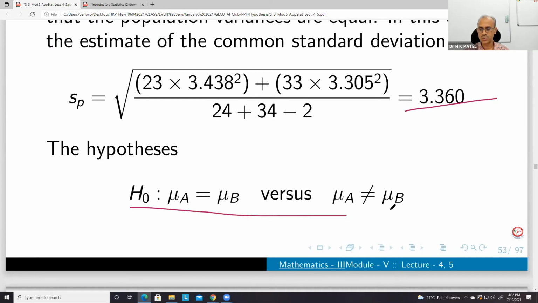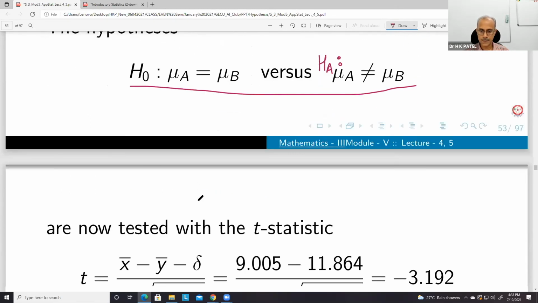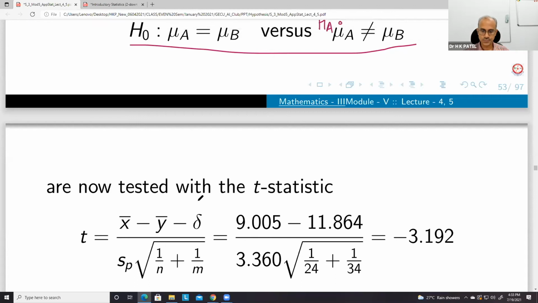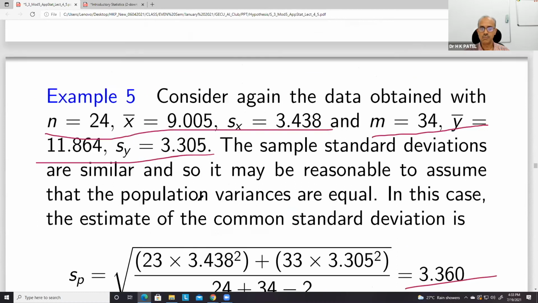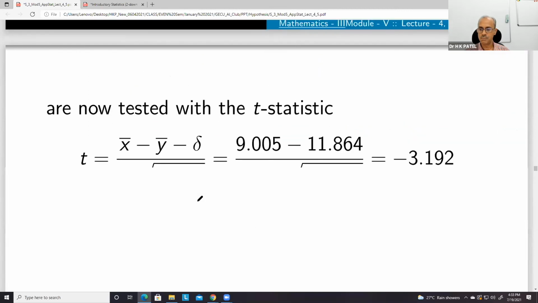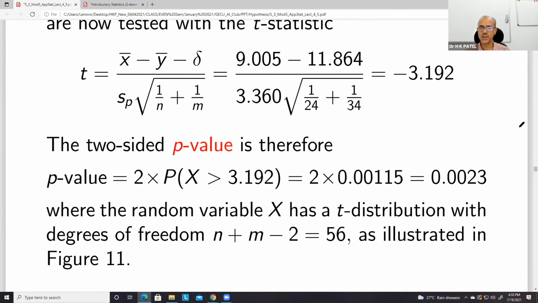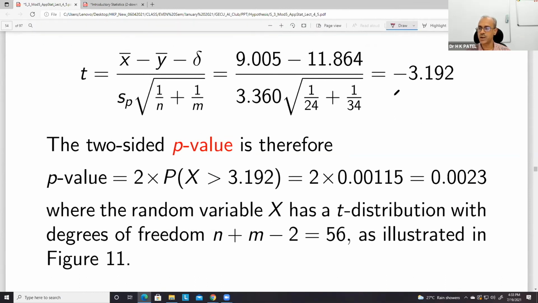If you want to use two-sided, then H1: mu A not equal to mu B. This H1 is missing here. H0: mu A is equal to mu B. All right. So we can calculate T. T is again a minus 3.19.